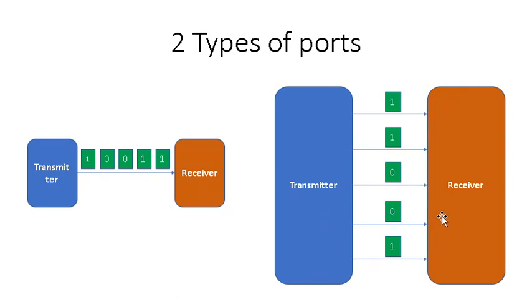The use of parallel ports is a little bit limited, so there are not as many as the serial ports, and the most famous one is the USB that we are using, universal serial bus, but the parallel ports are not as famous and they're not as widely used.